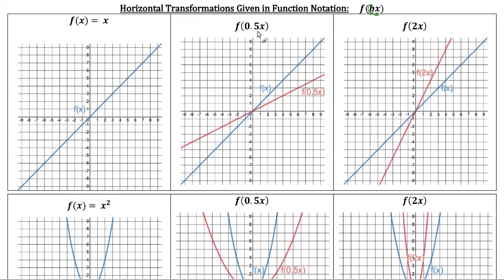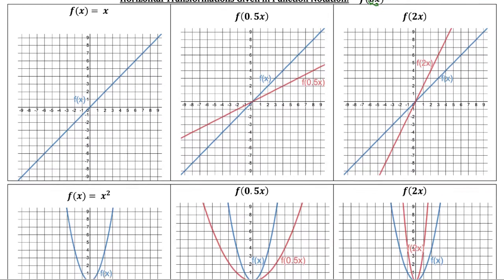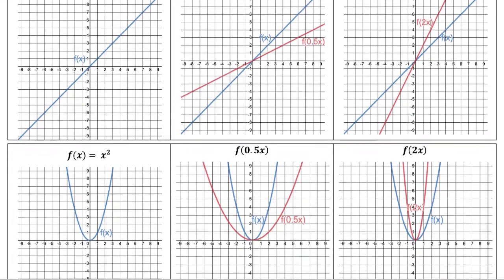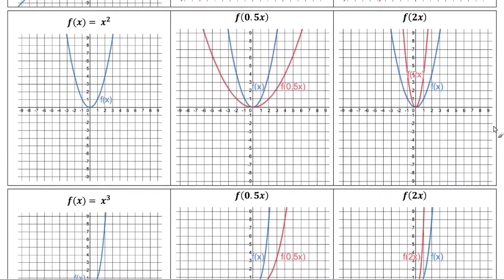So 5/10. Yesterday, 5/10 was a vertical compression. But like in the last lesson, it's easier to see these compressions and stretches using a quadratic.